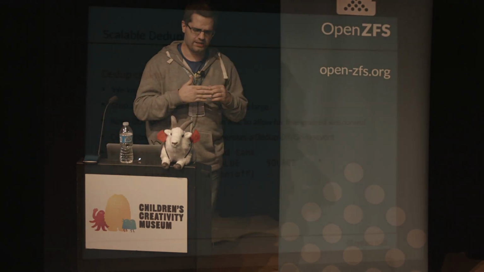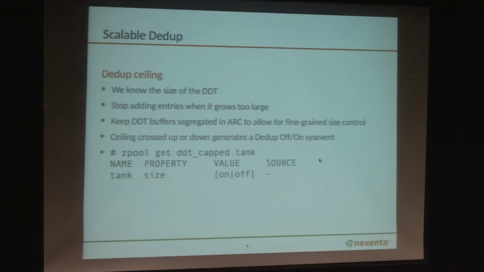You're able to monitor your progress on that either by looking at kstats of the ARC, or we'll even generate something like a dedupe on-off sysevent, where you can basically just read a property. You'll figure out pretty quickly whether you are capped on RAM or capped on any kind of performance variable from achieving a higher dedupe ratio.